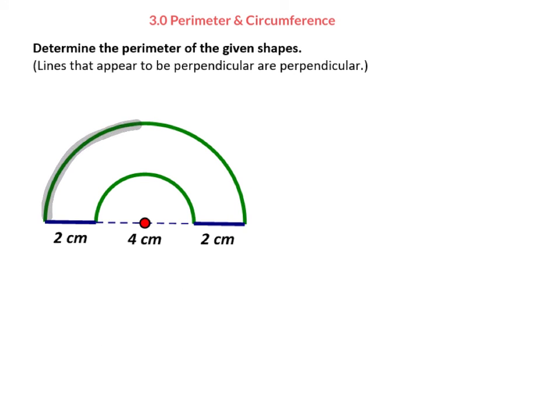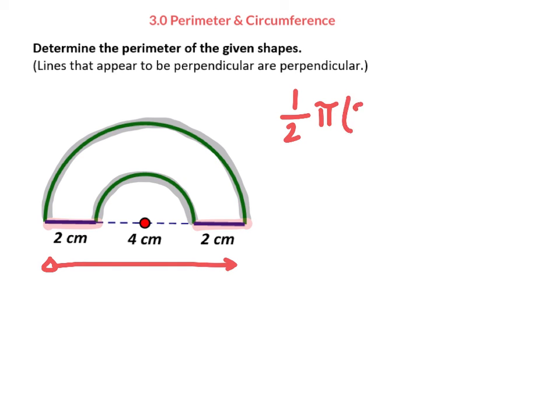Again, there's a half of a circumference here, another half circumference here, and then there are 2 little parts. So the big circumference would be 1/2 pi times the diameter of the big one, which is 8, looks like. So that would be 4 pi.